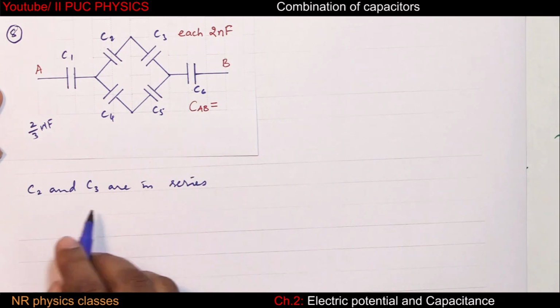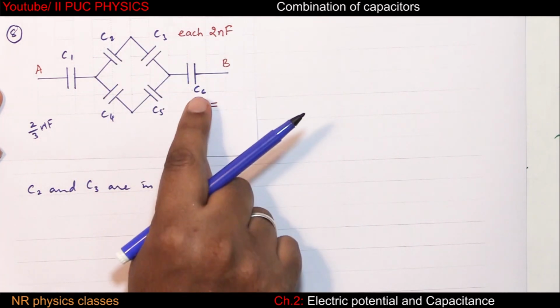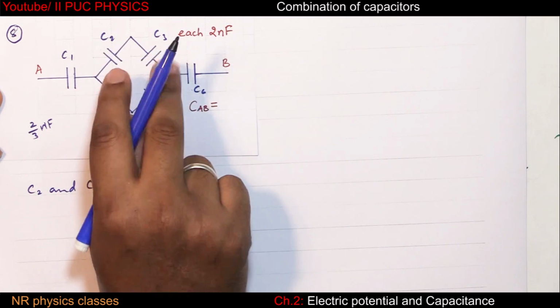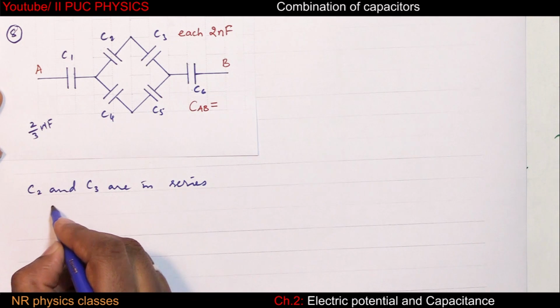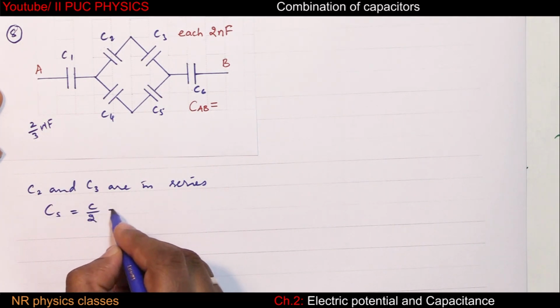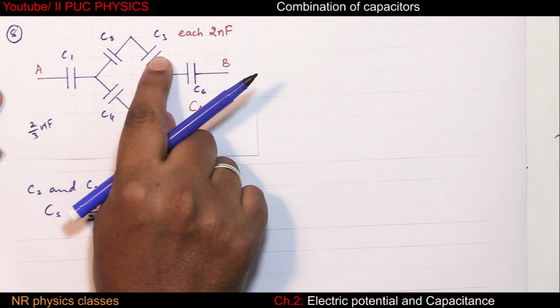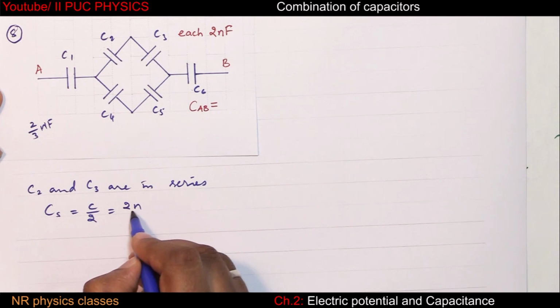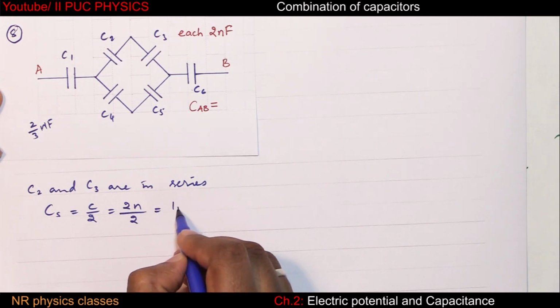Instead of C2, C3, this is C6. Instead of C2 and C3, let us replace it by CS. CS equals C by 2, because 2 identical values are in series. It is 2 nano by 2, equal to 1 nanofarad.